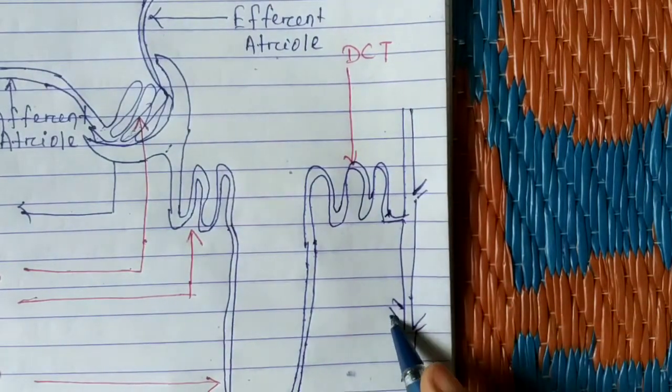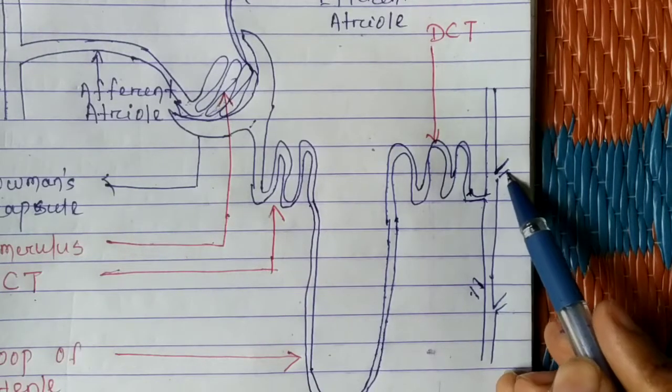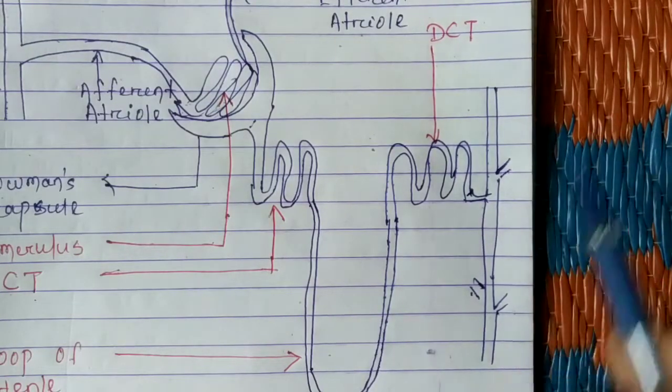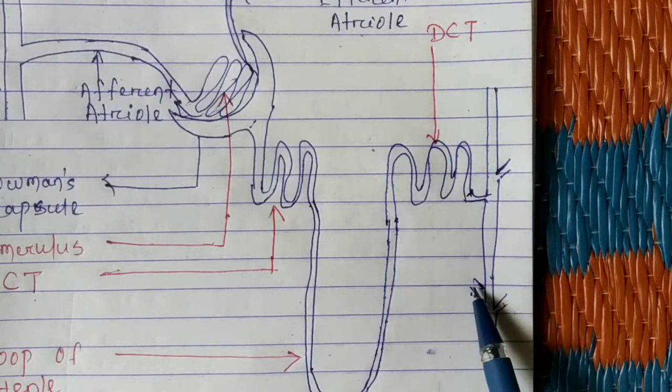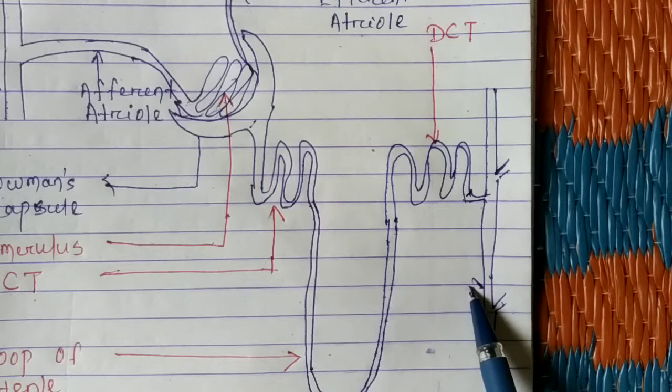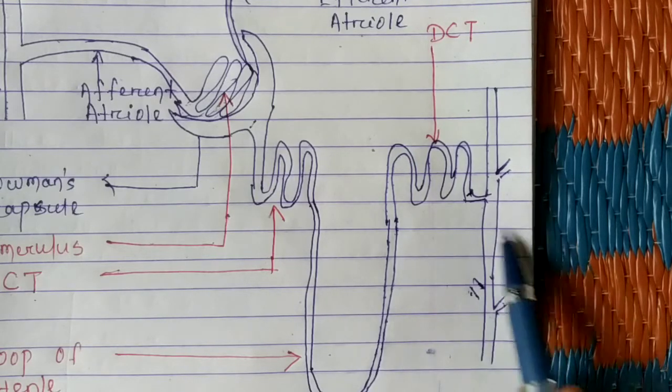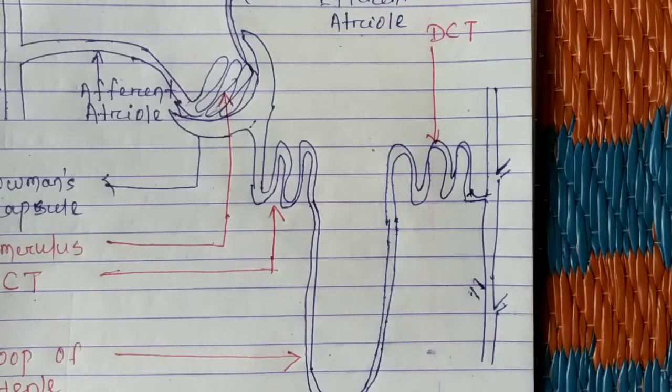The branches you can see in the collecting duct are actually the distal convoluted tubules of other nephrons. So the distal convoluted tubules of different nephrons are joined to the collecting duct. So this one is the collecting duct.